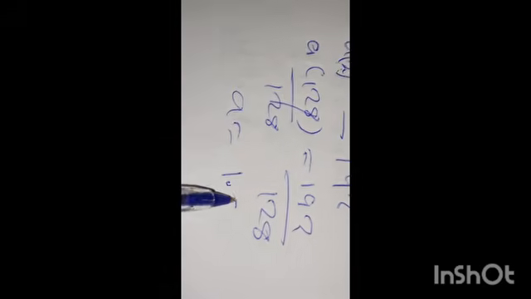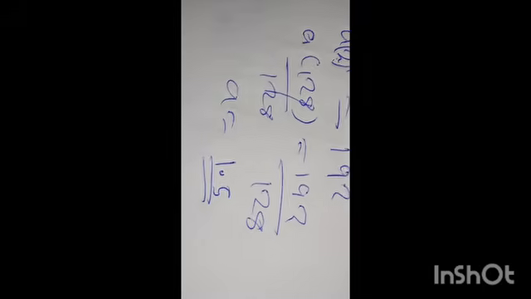So we divide by 128, on both sides. So our A is equal to 192 divided by 128. So our A is equal to 1.5. So the value of our A is 1.5.